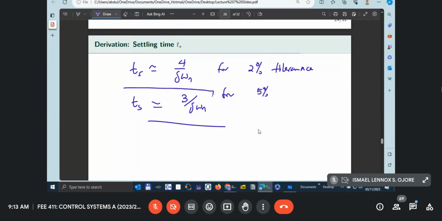I won't derive that. And time constant is given by 1 over the damping factor. So the reciprocal of the damping factor is what we get as the time constant.